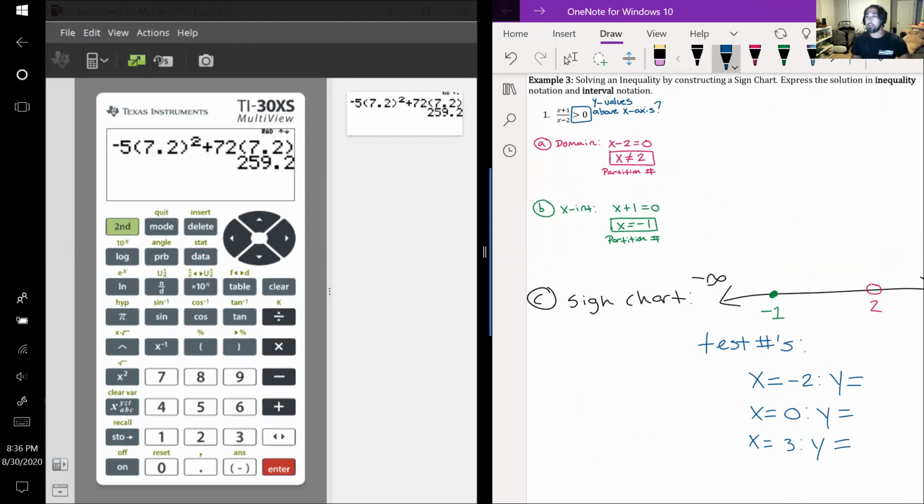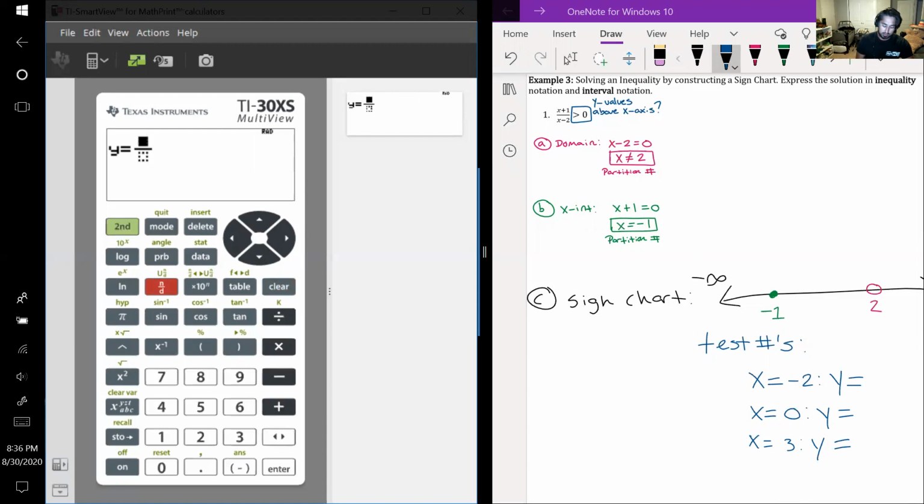Okay, so TI-30, TI-30 XS or whatnot, you're gonna hit the table button. And then you're gonna type in our function that we're given. So I'm gonna make this into a fraction, and I'm gonna say x plus 1 over x minus 2.